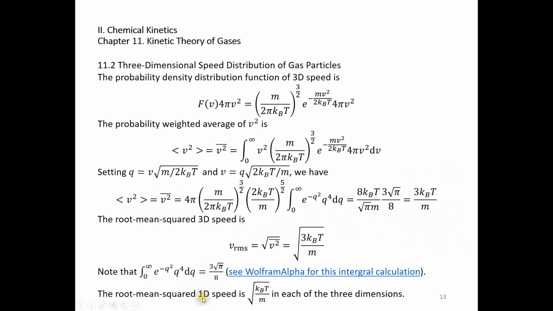So if you're looking at the root mean squared one-dimensional speed, it's just the square root of kBT over m. You can prove this as well, given the distribution in the x direction. You can prove this as well, but I'm not going to do that.